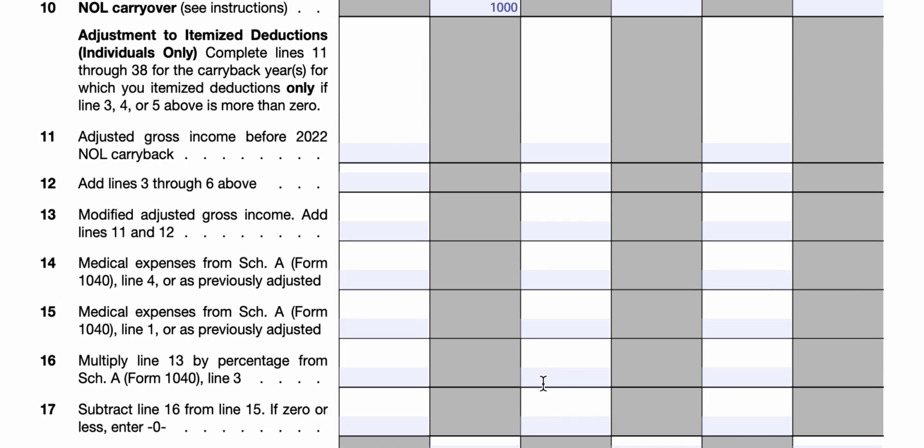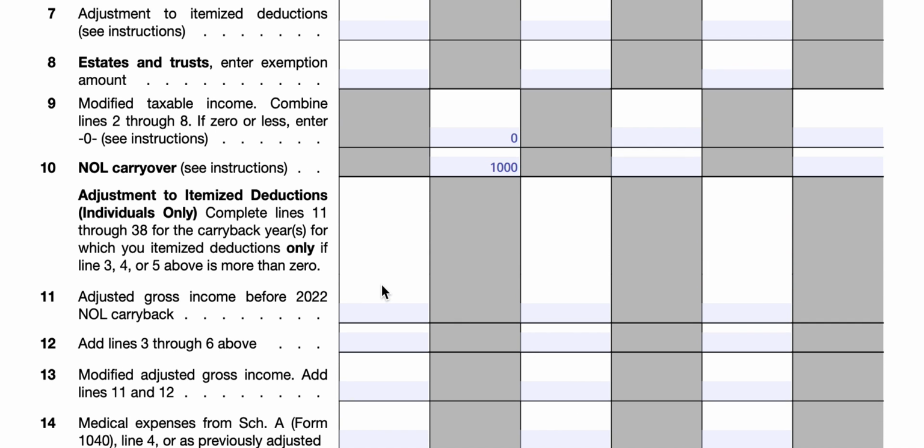These are the lines that, if you are an individual with itemized deductions, you're going to need to follow step by step. And again, you don't need to do this if you claim the standard deduction or if lines 3 through 5 on Schedule B were 0.